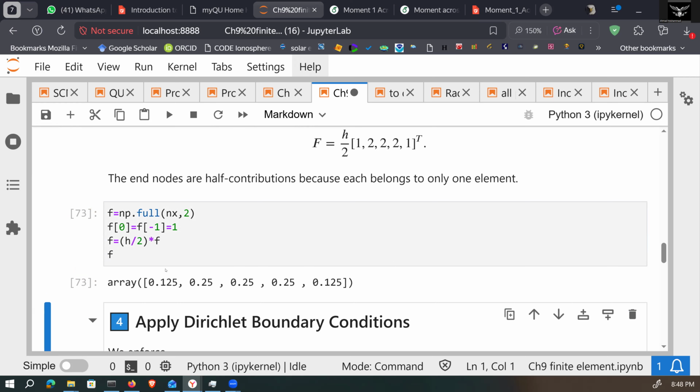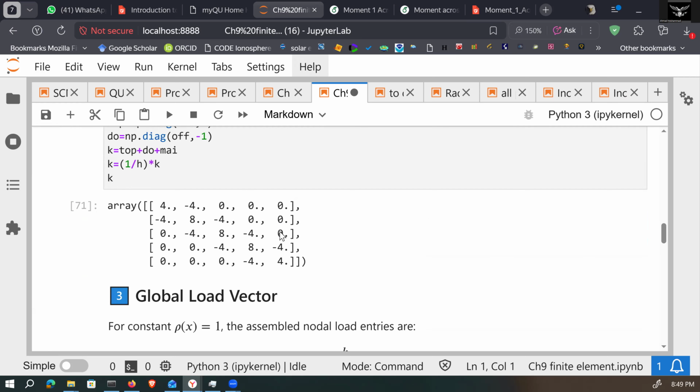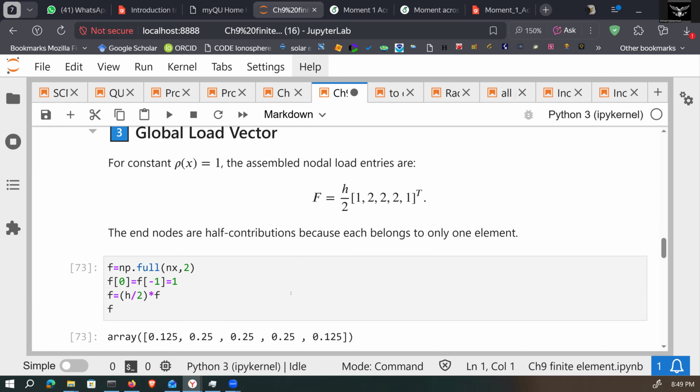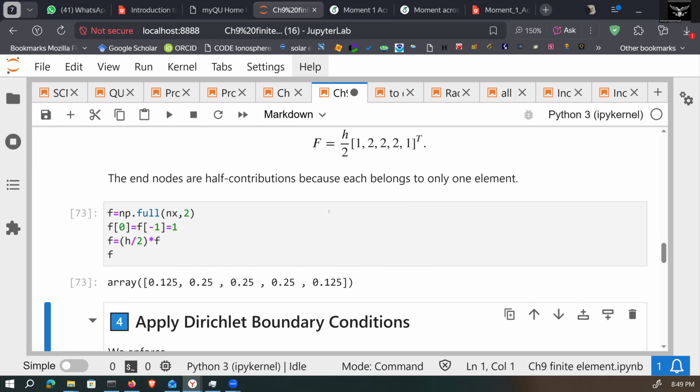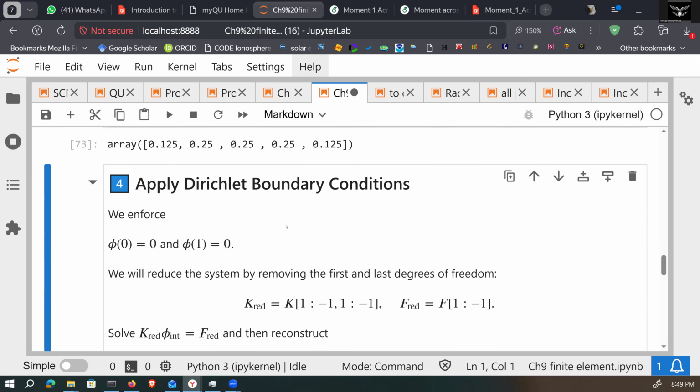So this is what I have. Now I have my stiffness matrix, this is the K, and I have my load matrix. So how do I apply the boundary conditions?